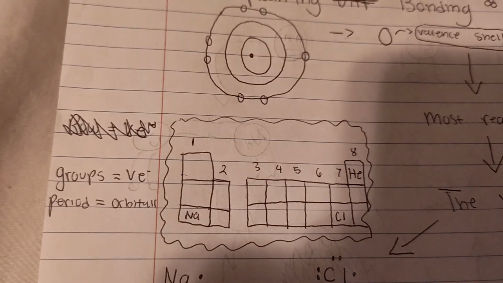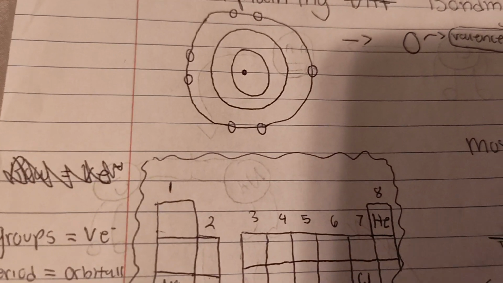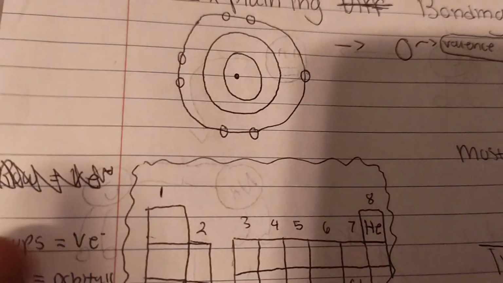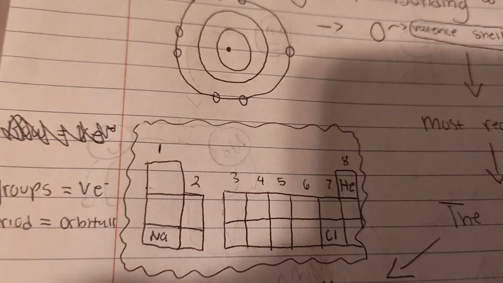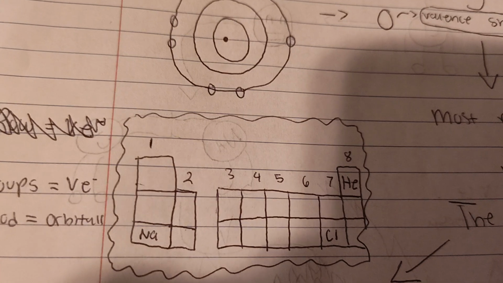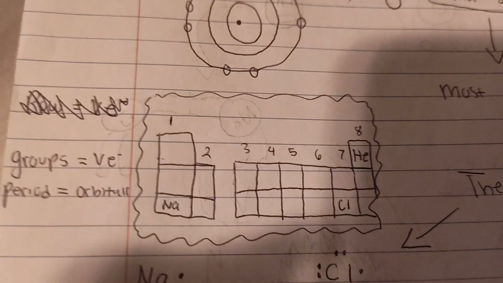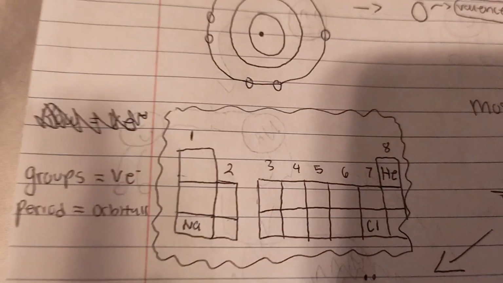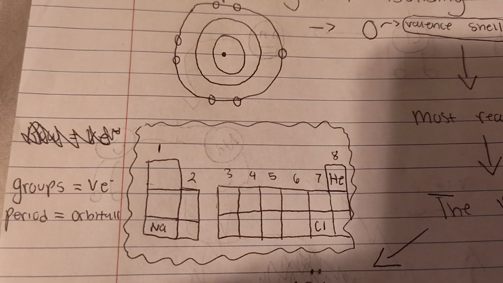And the orbitals, or periods, are the rows. So horizontally, hydrogen and helium would have one orbital, and so on. That's how we determine how many valence electrons or how many energy shells there are in a certain element, again excluding the metals.